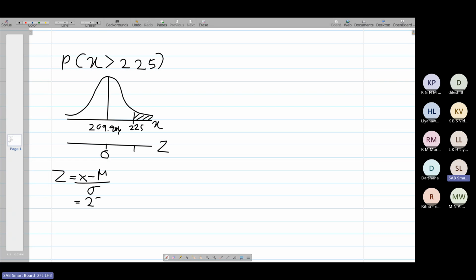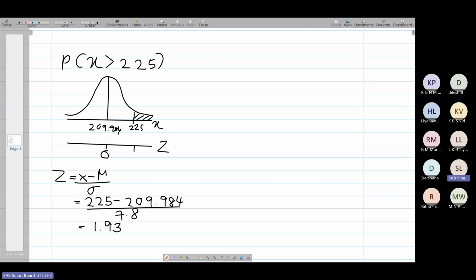X is 225, mu is 209.984, divided by standard deviation 7.8. That gives 1.93. The Z value is 1.93.